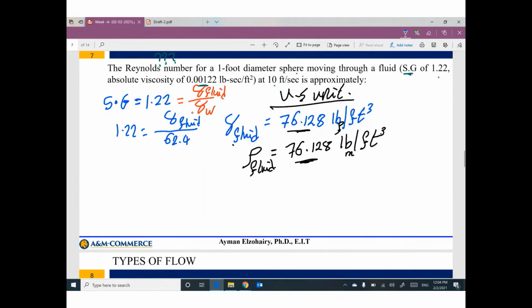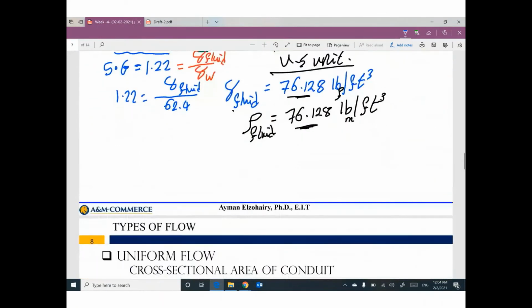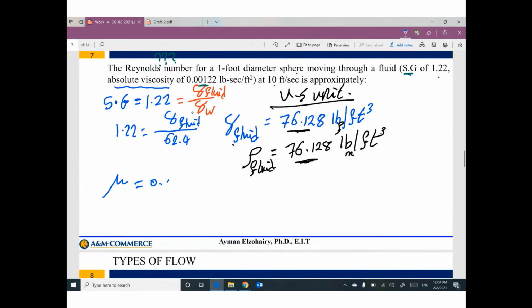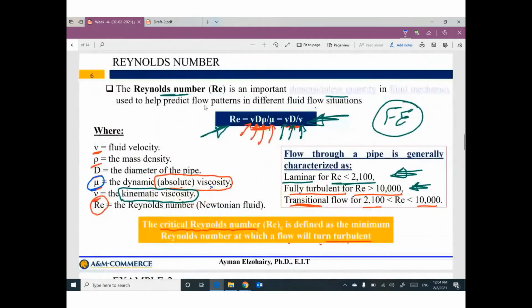The second one, absolute viscosity, which means mu, is 0.00122. And the velocity equals 10 feet per second. So Reynolds number equals V D rho divided by mu. I'm going to use the first term.